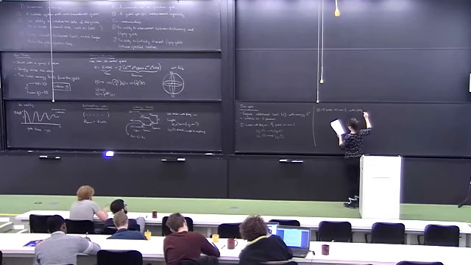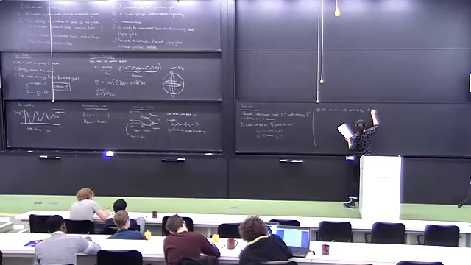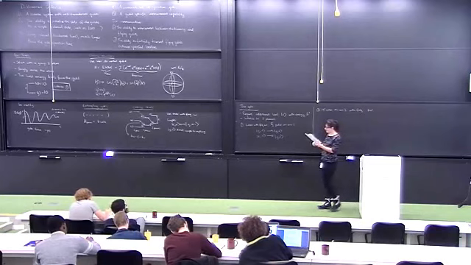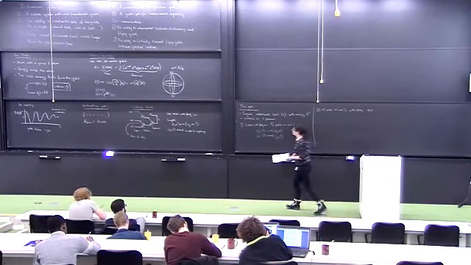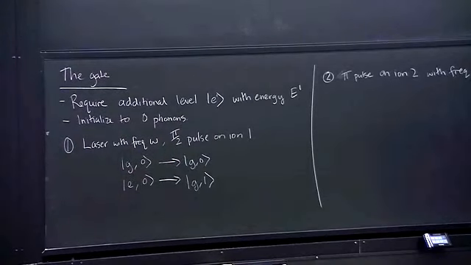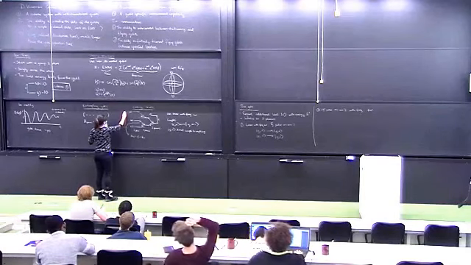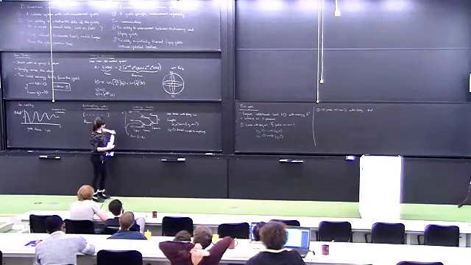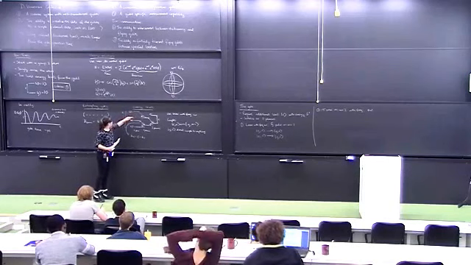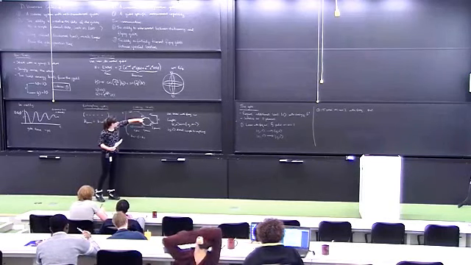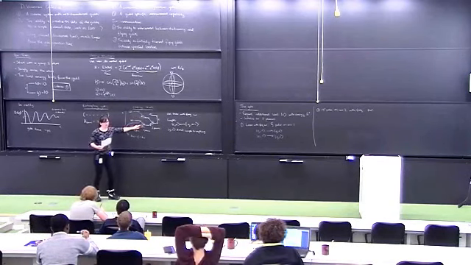With frequency, sorry, with energy h bar omega prime. We can figure out what we want that to be equal to. This whole energy difference here is E prime, so we expect this to be E prime minus E minus h bar nu.